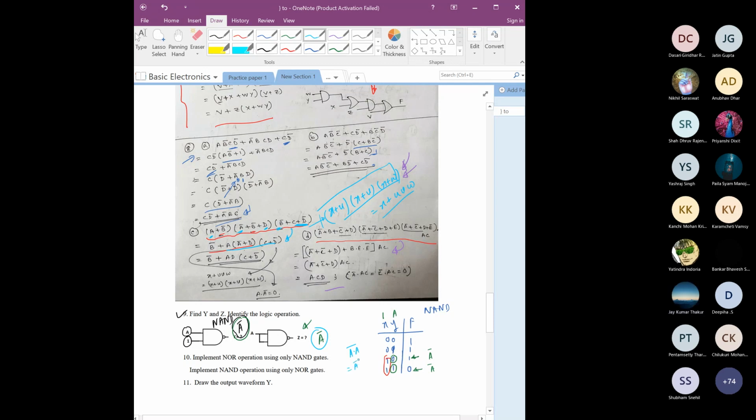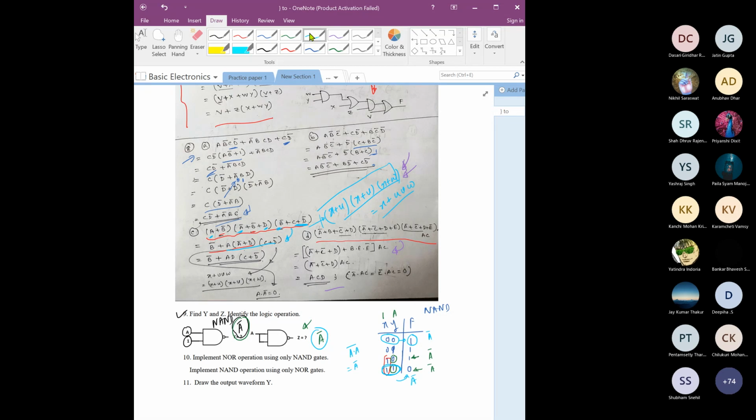Yes, so it is basically A bar. You can also see it from the truth table: when both the variables A and Y are the same, for this case and this case both variables are same, so the output is 1. See, it is 0 0 and output is 1. Here it is 1 1, output is 0. A bar, right?